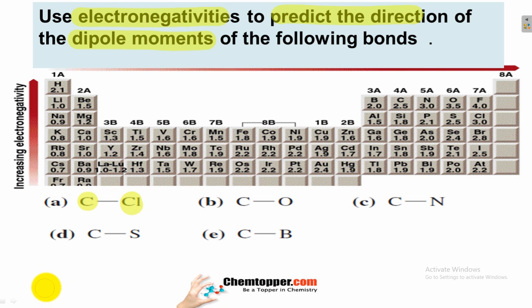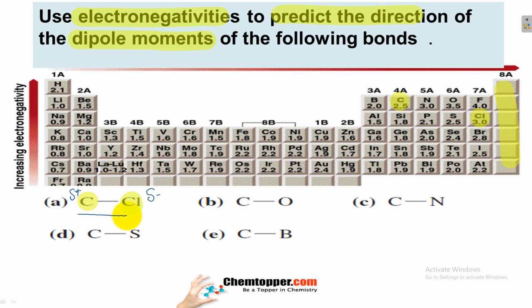Chlorine is more electronegative than carbon because chlorine is closer to the noble gases and is more nonmetallic than carbon. So there is a partial negative on the chlorine and a partial positive on the carbon. A dipole will be represented by an arrow.